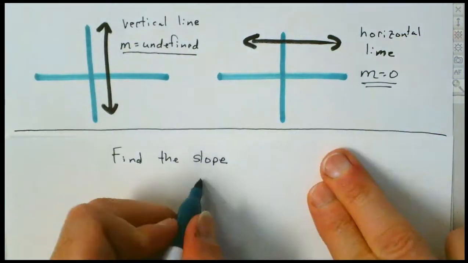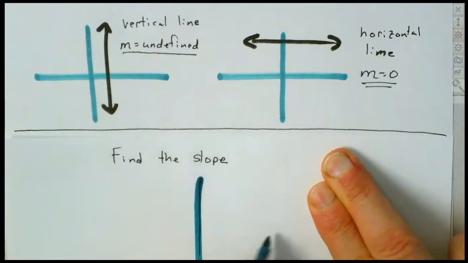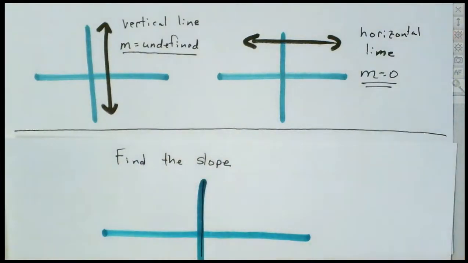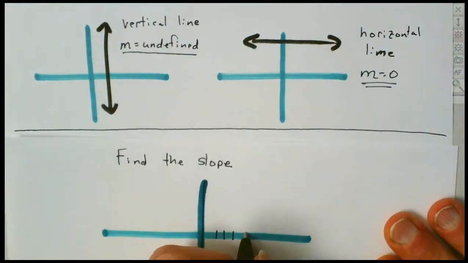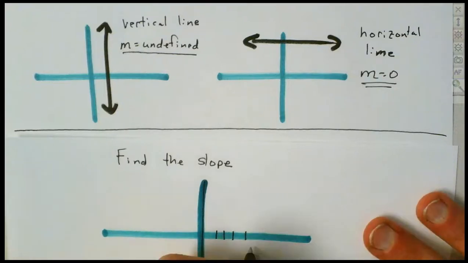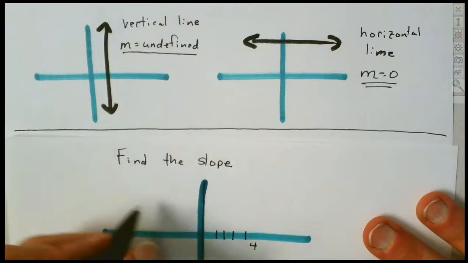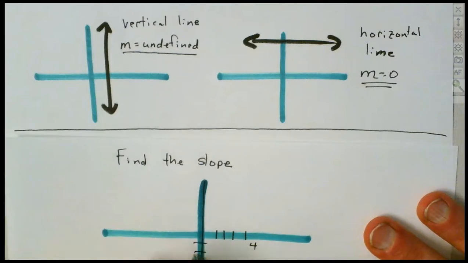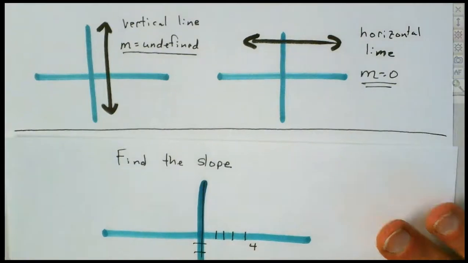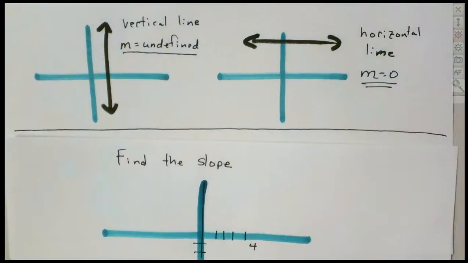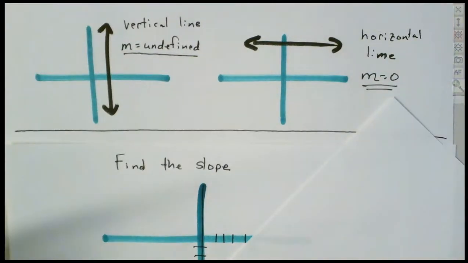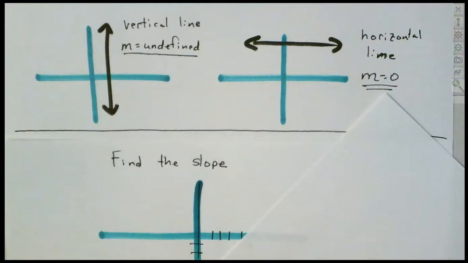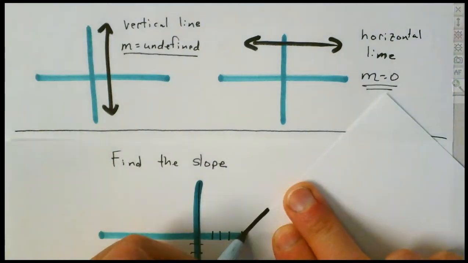Okay, we're going to be finding the slope here. Give us an easy one to work with. This is going to be our line here. We're going to use this picture now to find our slope.